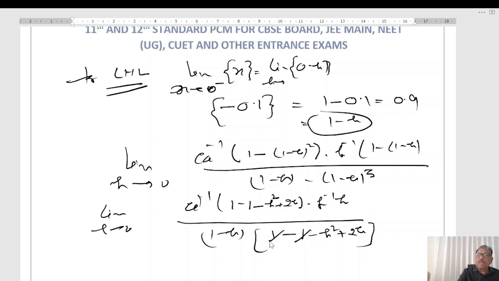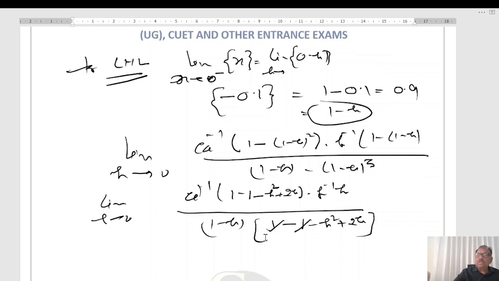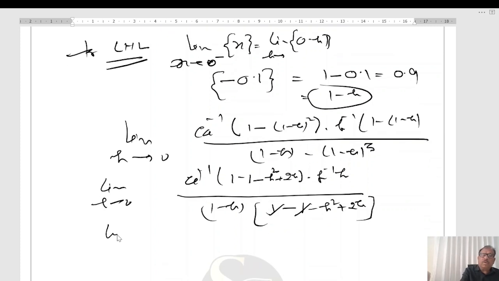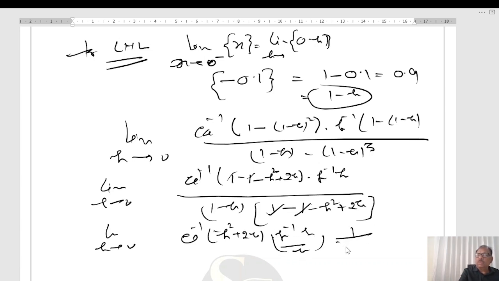This goes. Now we take h common: cos inverse of (minus h square plus 2h), sine inverse of (1 minus h), upon h into (2 minus h) upon (1 minus h).